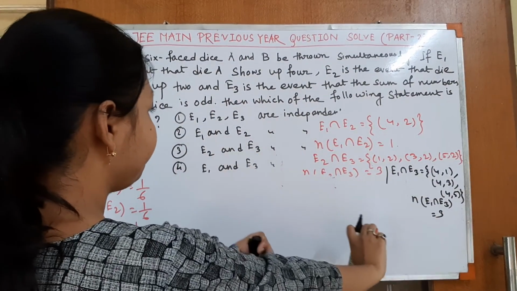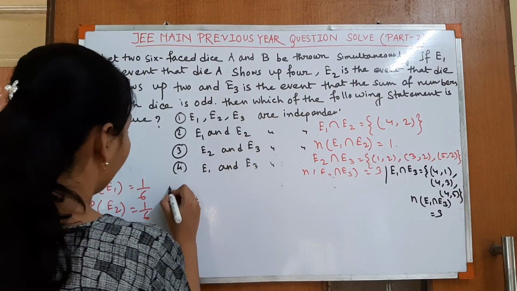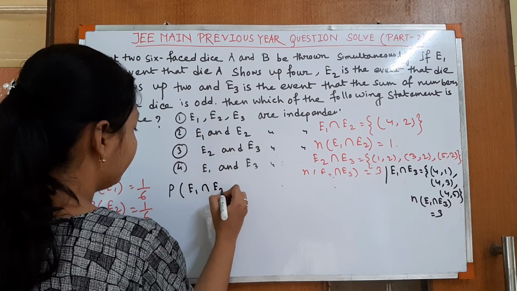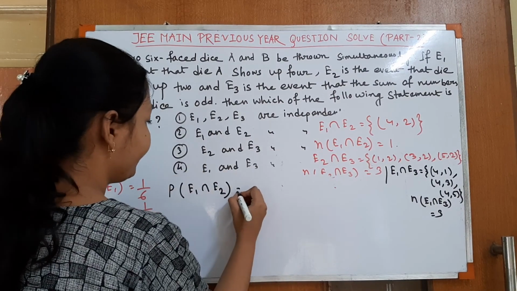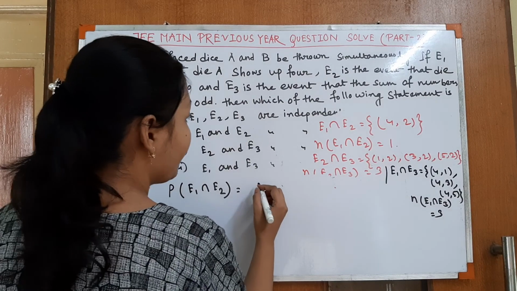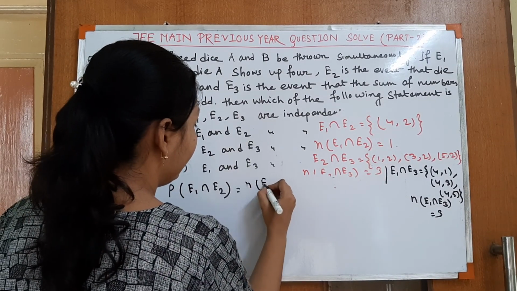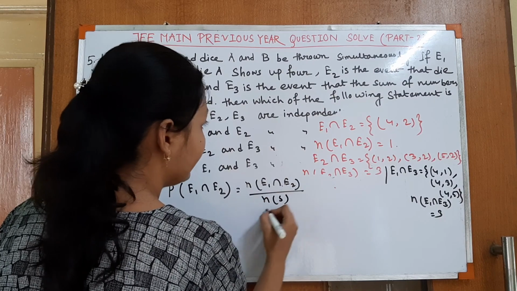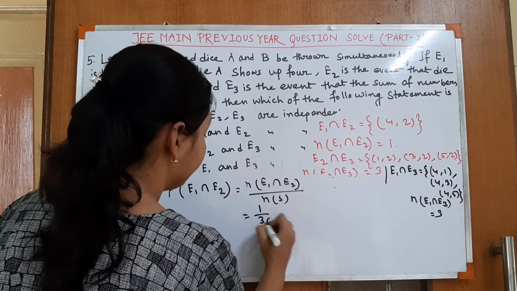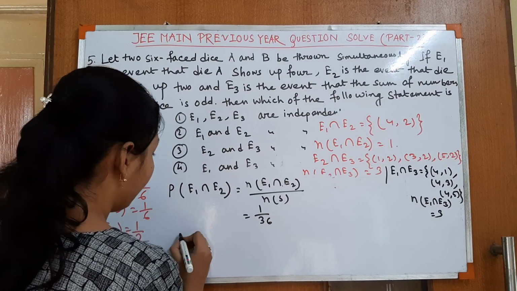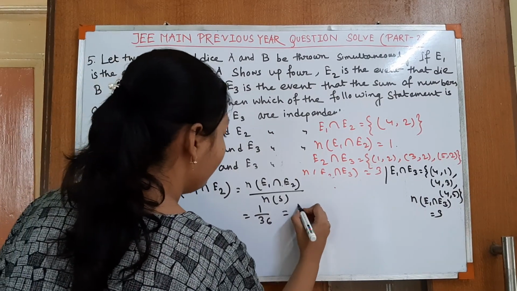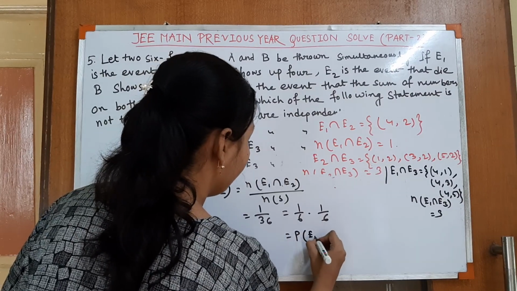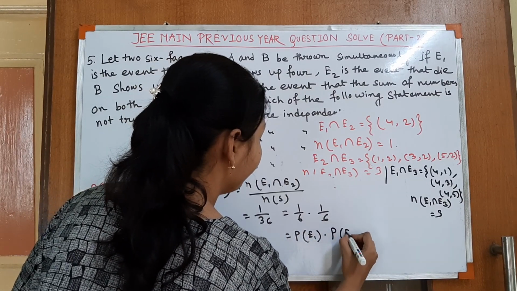Here the probability of E1 intersection E2 is n of E1 intersection E2 by n of S, that is 1 by 36, which is equal to 1 by 6 into 1 by 6, that is P of E1 into P of E2.